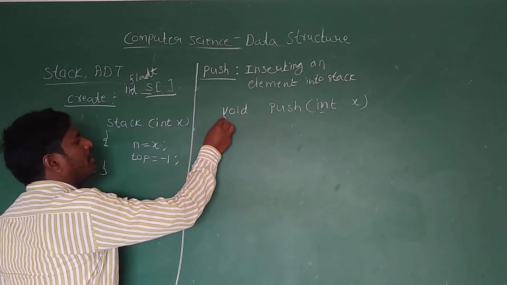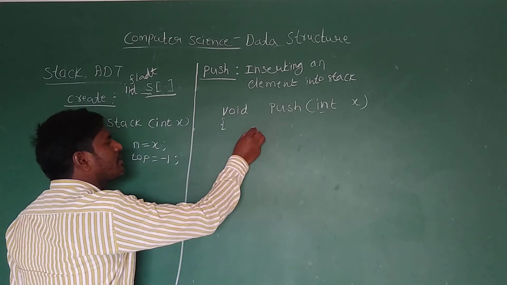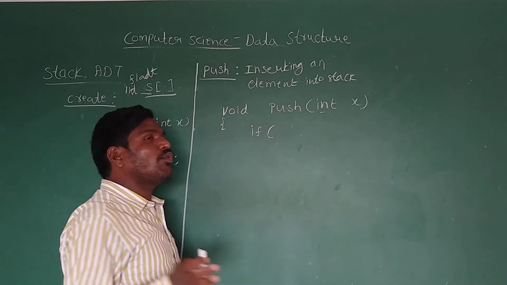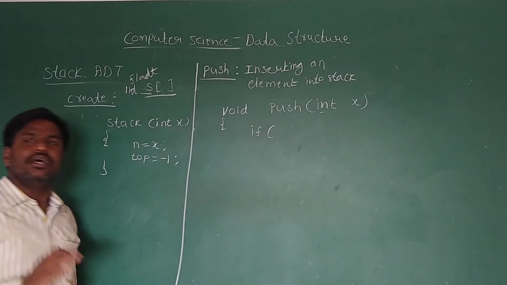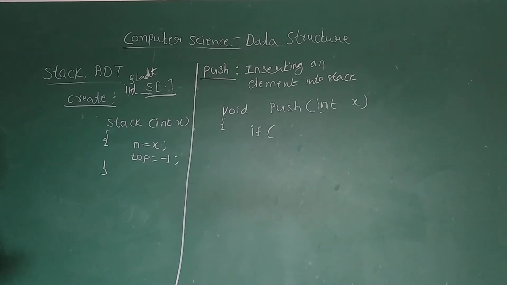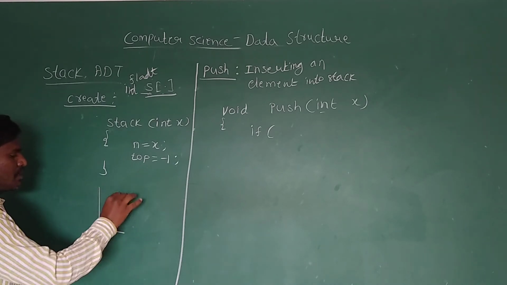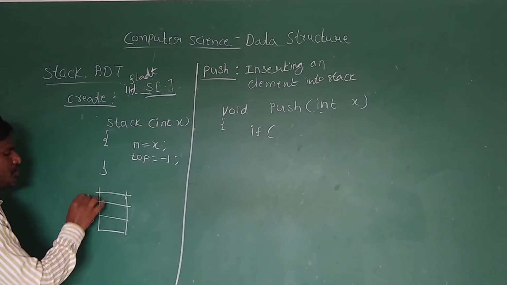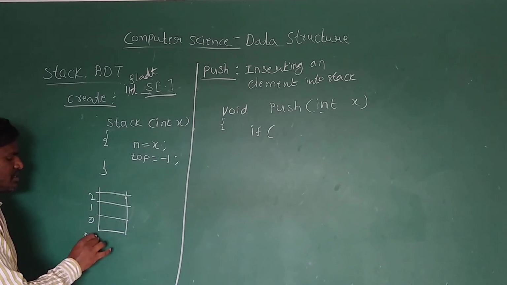Now opening brace. What do we have to check? We have to check if size equals top minus 1, the stack is full. You already know that this is a stack with locations 0, 1, 2, so size n is 3.